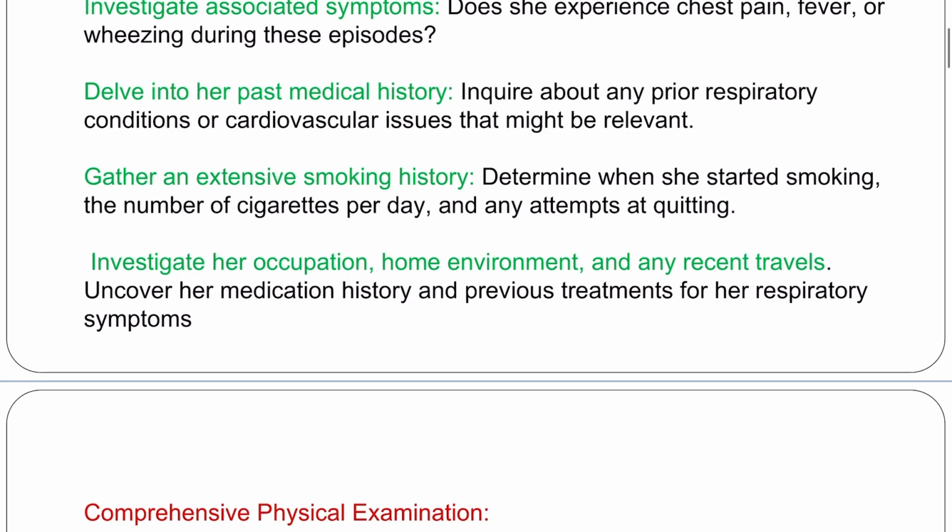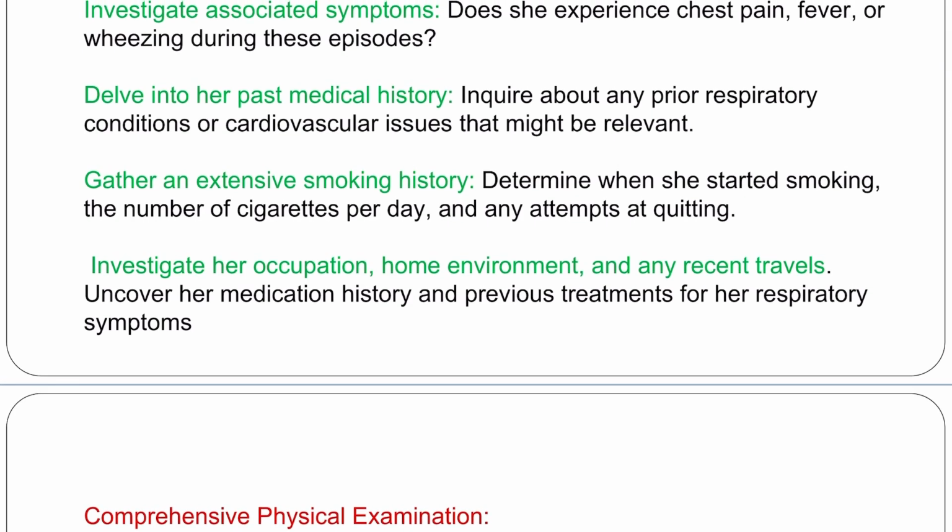Investigate his occupation, home environment, and any recent travels. This will also uncover his medication history and previous treatment for his respiratory symptoms. So these are all the points. You have to elaborate on these points and take a good history, and try your best not to miss anything.